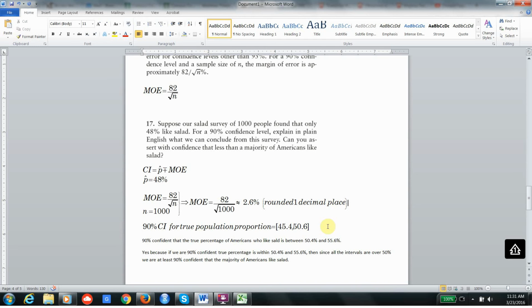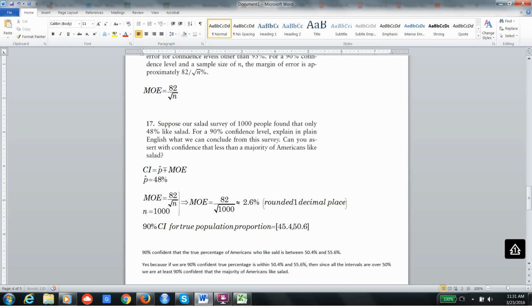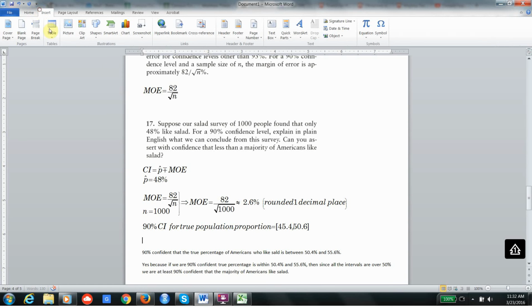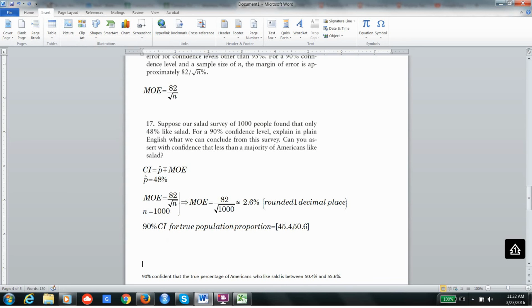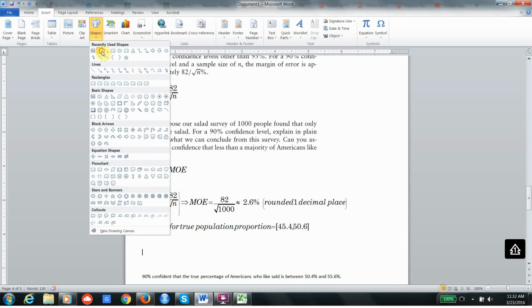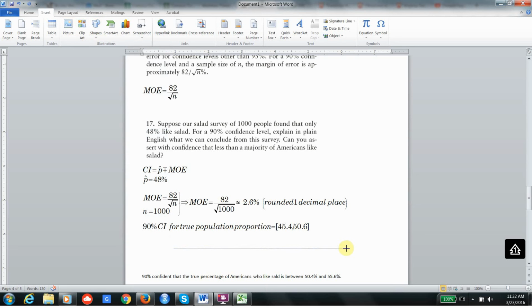So I'm not 90% sure it's less than 50%. So let's just draw a picture real quick. Take a look at what's going on here. Okay, so here's my confidence interval. So here's kind of what's going on.